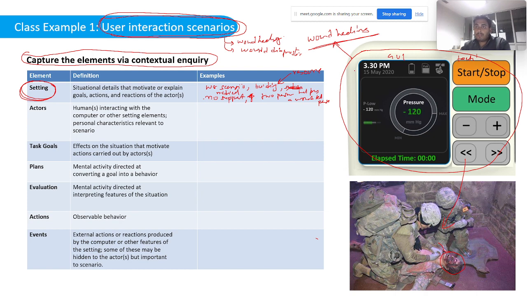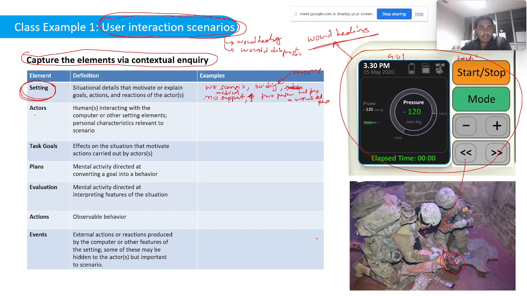You probably cannot access any wall mounted power supply. So all those decisions can be considered when you try to understand the setting. This is how you define your setting.